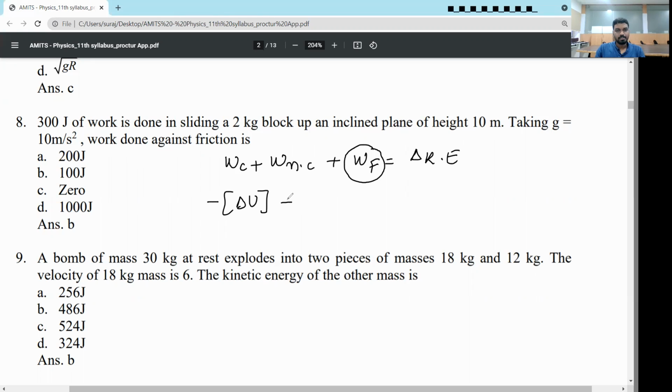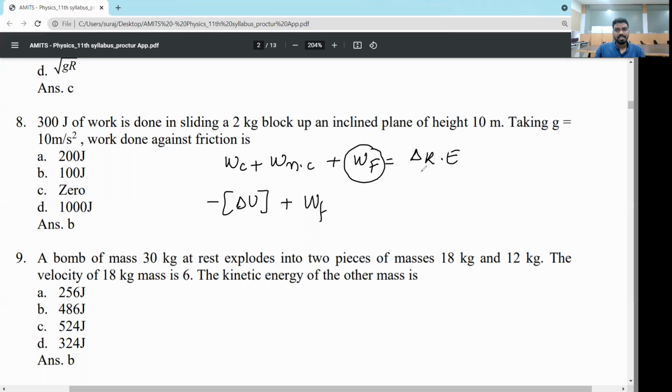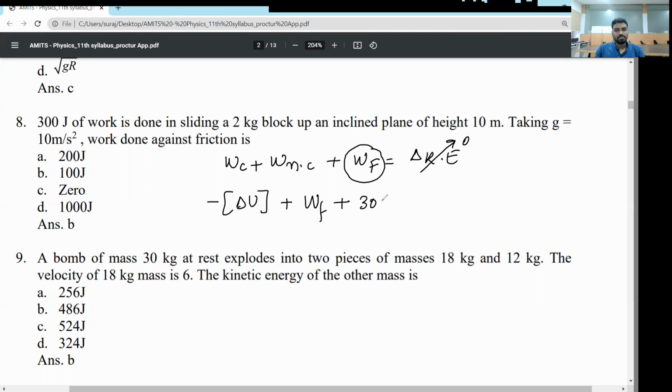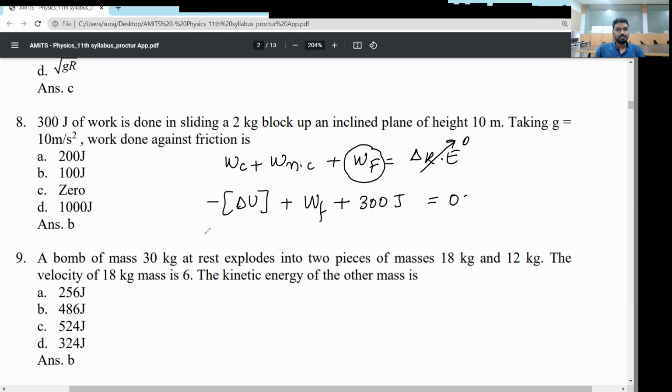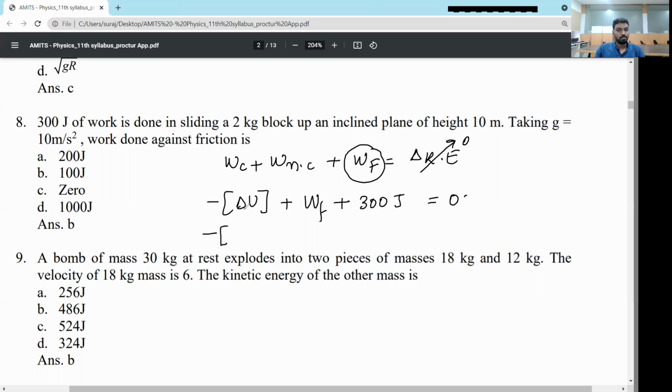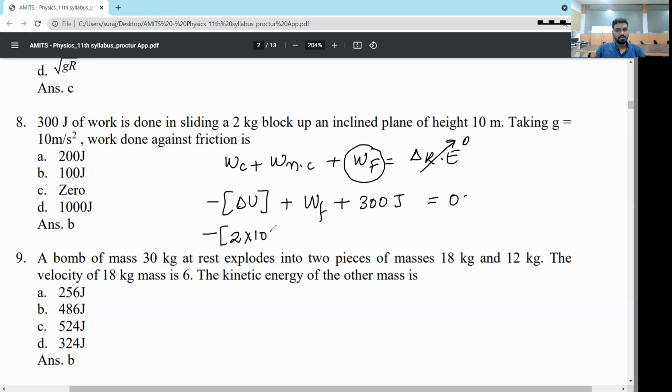Plus work done by the non-conservative force, nothing but work done by friction. Change in kinetic energy is 0, because initial kinetic energy is 0, and finally after sliding up, the kinetic energy again is 0. Plus this 300 joules equals 0. Change in potential energy is final potential energy minus initial potential energy. What is the final potential energy? mgh, 2 into g, g is given as 10, into h. H is also given, 10.